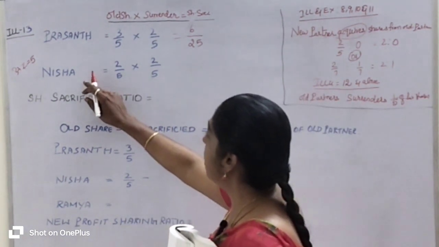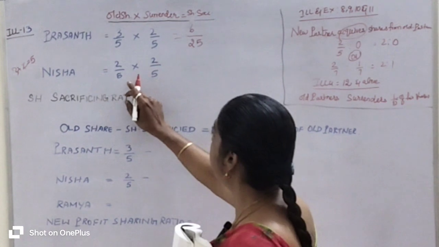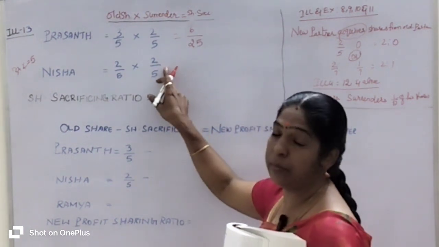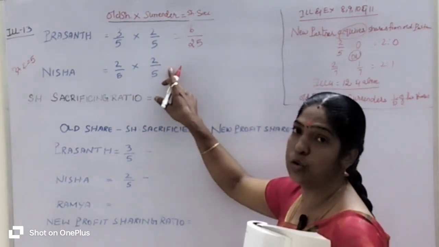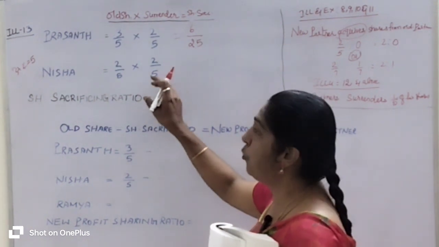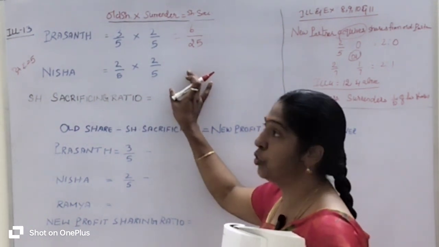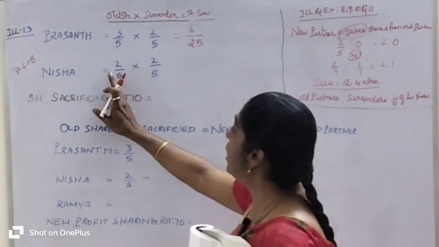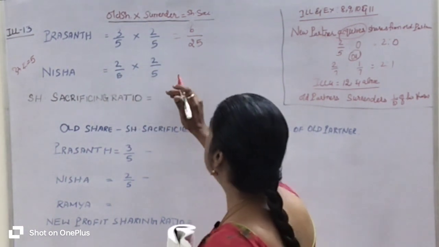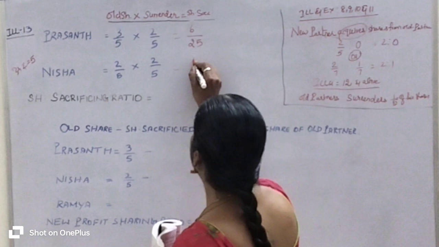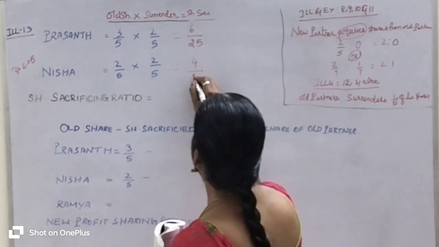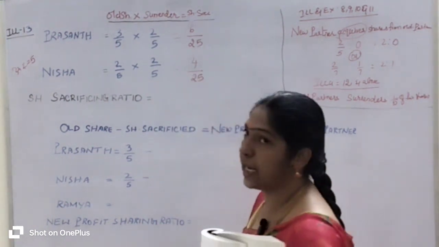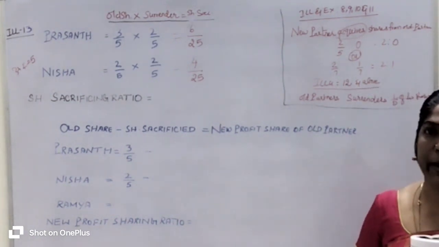And similarly, Nisha's old share is 2/5. Her surrender share is 2/5. We are going to find out the share sacrificing ratio, so for that we multiply directly old share into surrender share. 2 2s are 4, 5 5s are 25. Nisha's share sacrificing ratio is 4/25.